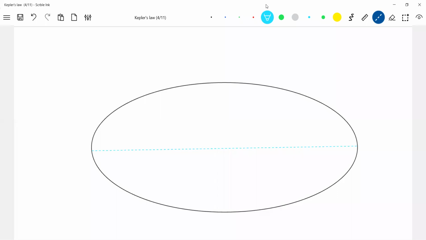Let me not show the semi-minor axis, only the semi-major axis. Let me show it. So these are some planet positions. So the sun is here. It's one of the foci, and this is the planet. So these are the positions.